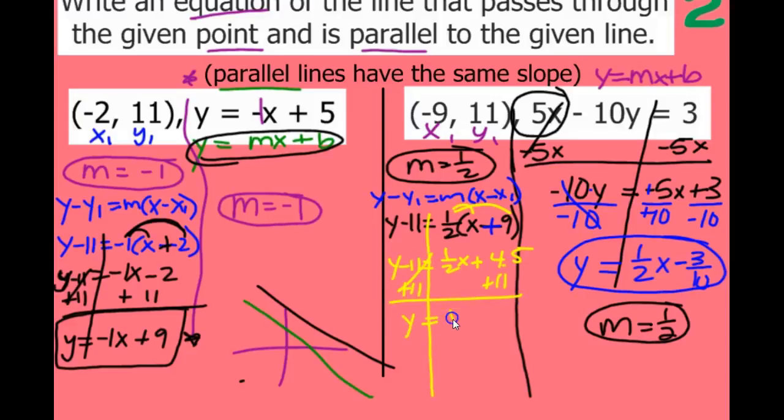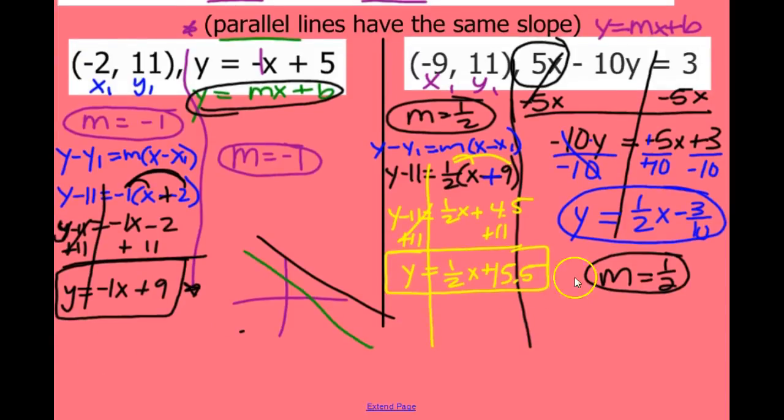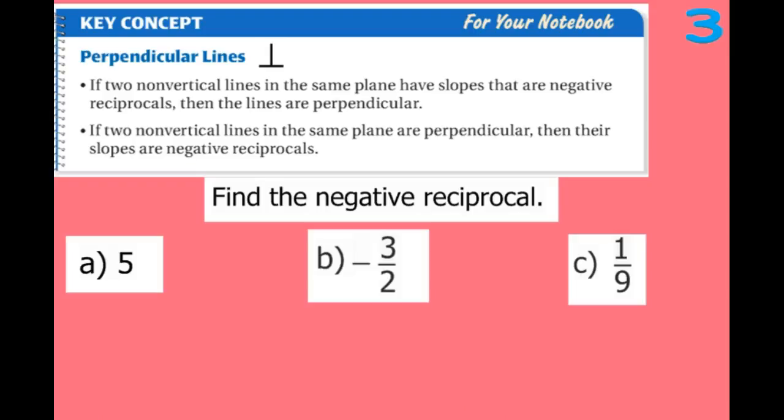So we get y equals 1/2 x plus, these are all positives, 11 plus 4 is 15, and we have the half, so 15.5. There's our equation. Both of these lines would be parallel to each other if we were to graph them because they have the same slope. So there was just an introduction of parallel lines.